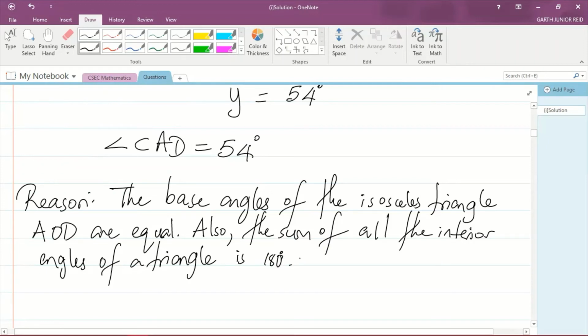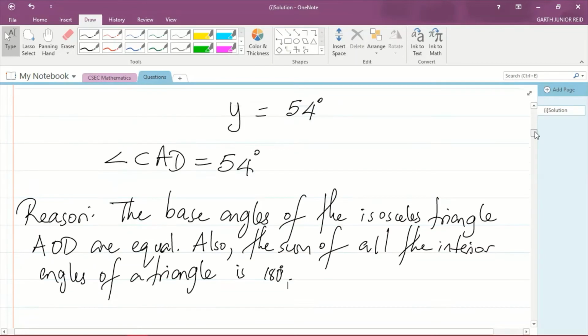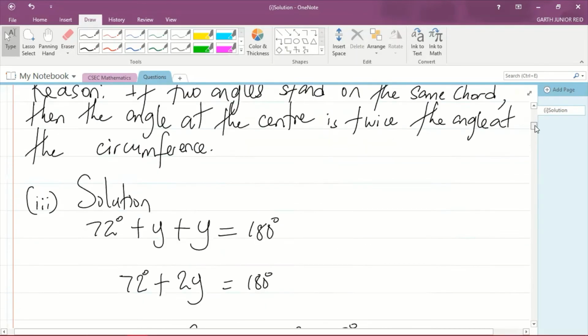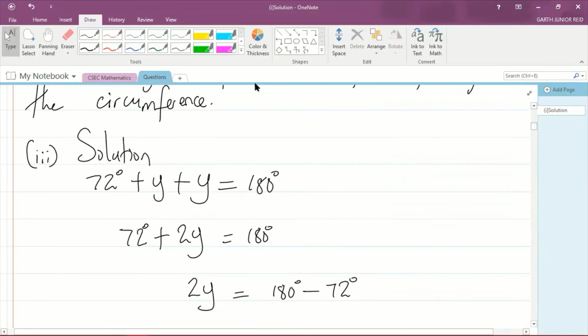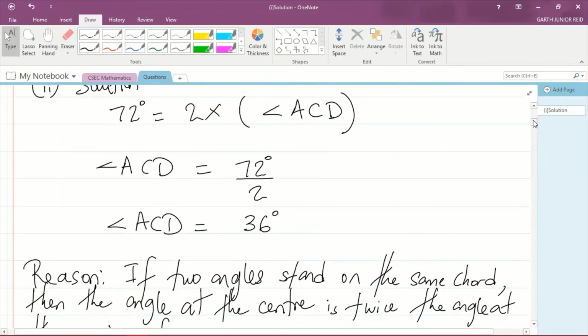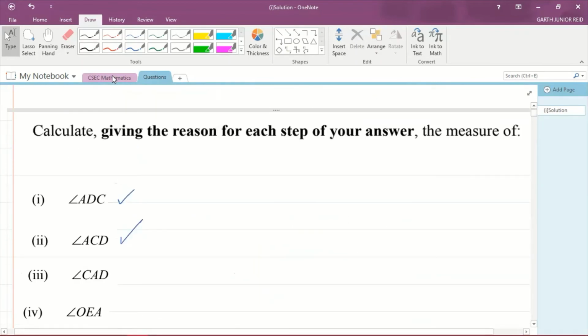Good. So those are the two reasons that we used to calculate the result. So we have now finished part 3 of the question. Part 3 is now completed.